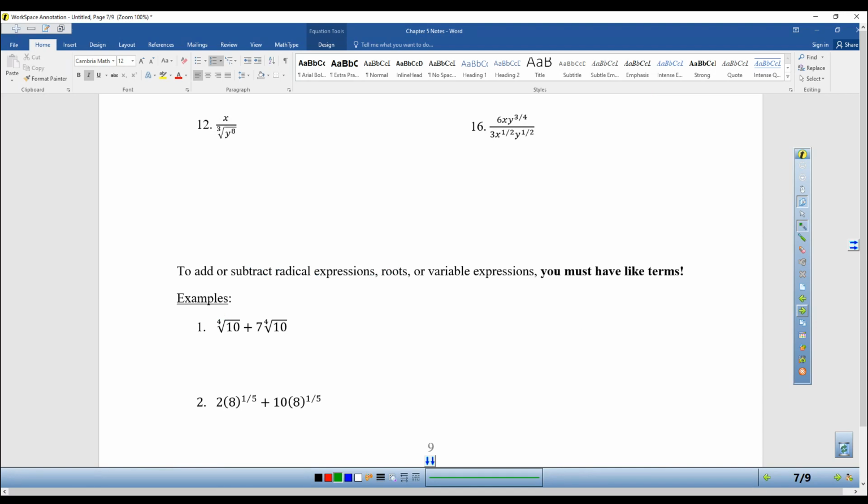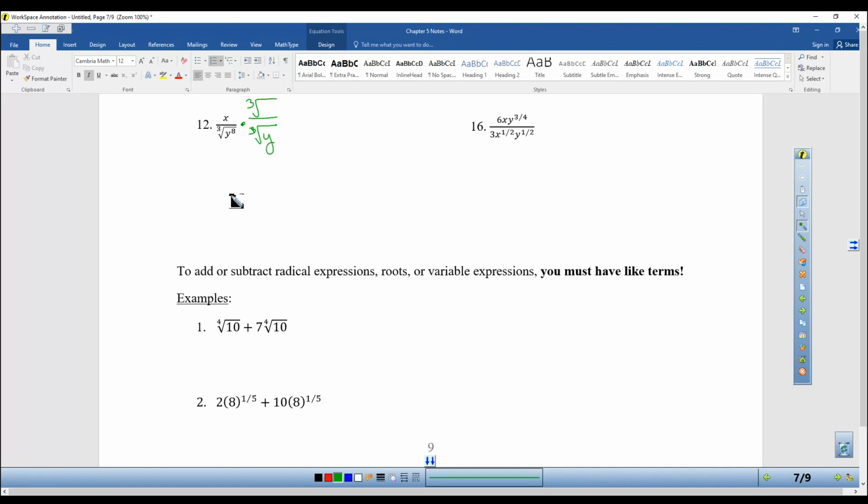Okay, last two. If you would like to try it on your own, you can, and then skip forward to the answer. But now, I need to multiply to get rid of that radical in the bottom. So how many more y's do I need to make something that I can simplify?